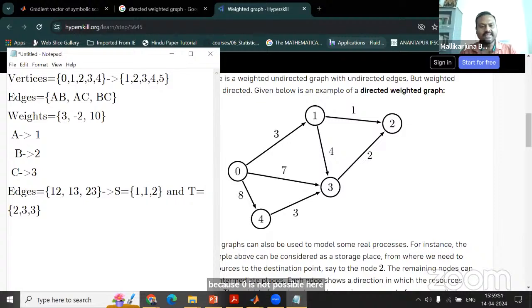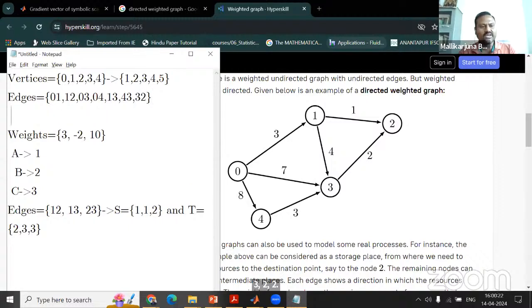Now the directed edges. The edges are like from 0 to 1. Next 1 to 2. Next 0 to 3. Next 0 to 4. Next 1 to 3. 4 to 3. 3 to 2.